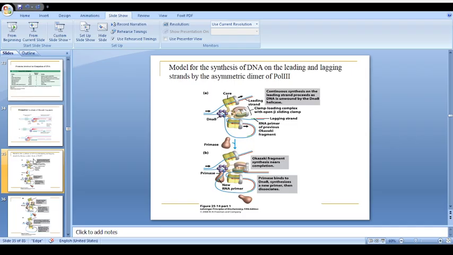Initially the length of the parental DNA will be very small. As the helicase moves further, nearer to the replication fork, the DNA loops out and a new primer is synthesized and further extended by the DNA polymerase. So the Okazaki fragments are synthesized nearer to the fork region only.